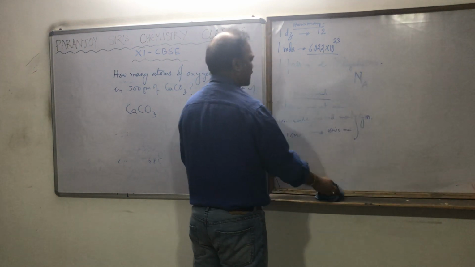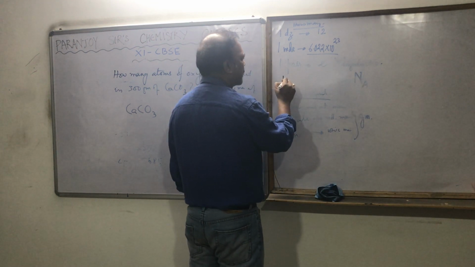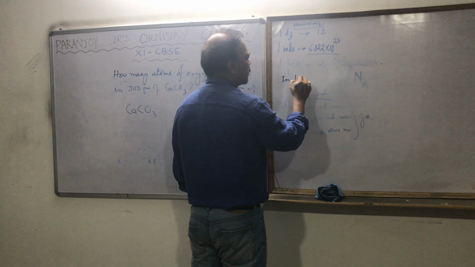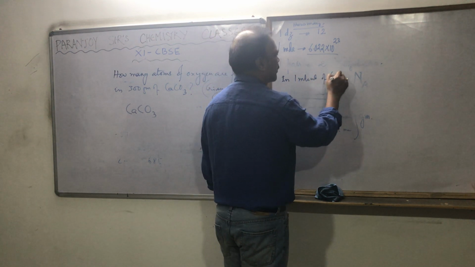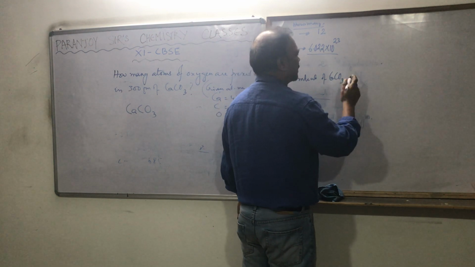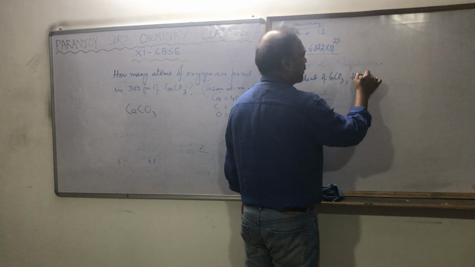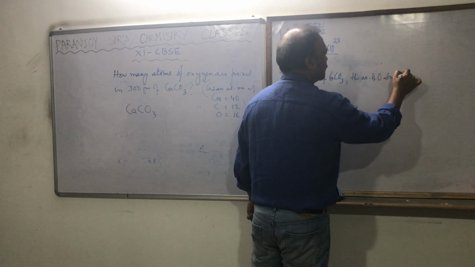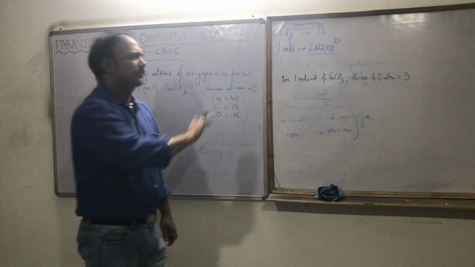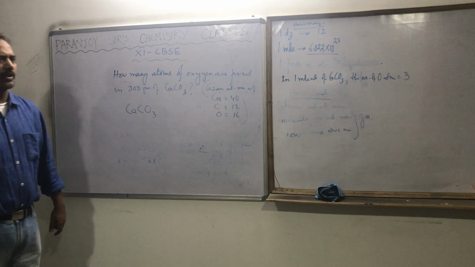So we write that in one molecule of CaCO3, the number of oxygen atoms equal to 3. Fine? That's clear from the formula only.